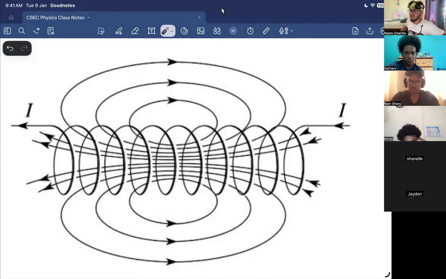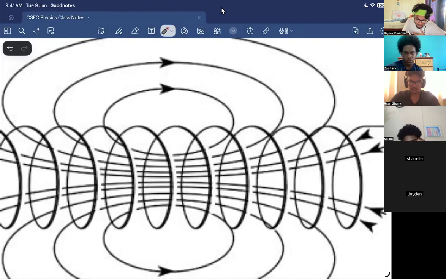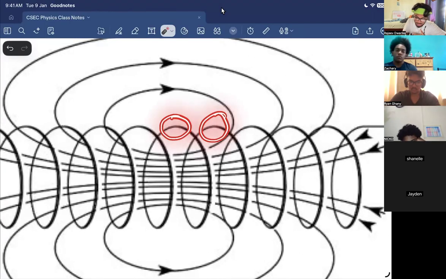No. We are wrapping the wire around tightly in a coil so that the individual magnetic fields would add. Nikolai, watch, you have a magnetic field here, one here, one here, but what are they doing?